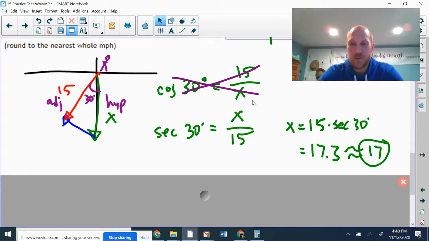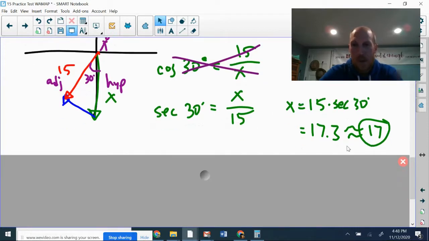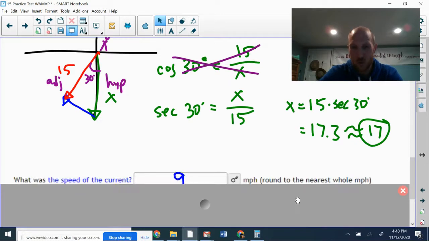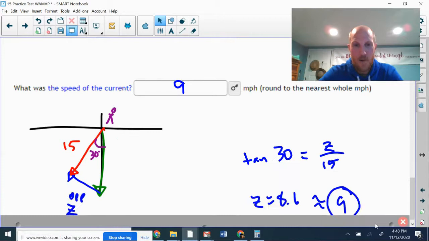I don't like having the variable in the denominator, so I'd go with the simpler algebra setup using secant of 30 is x over 15. Solving for x, my algebra is 15 times secant of 30, which gives me 17.3, but the directions ask me to round to the nearest whole mile per hour, so I'm going to call that 17. Since I have rounded that 17, I am not going to use it in my ensuing calculations.